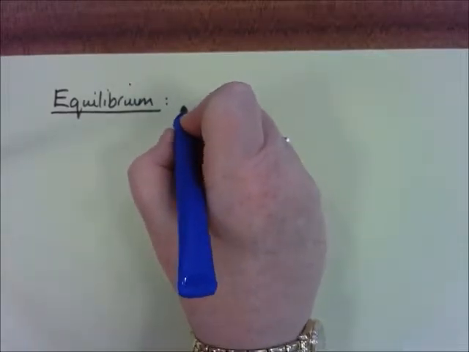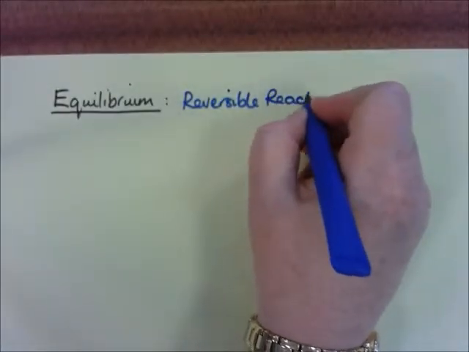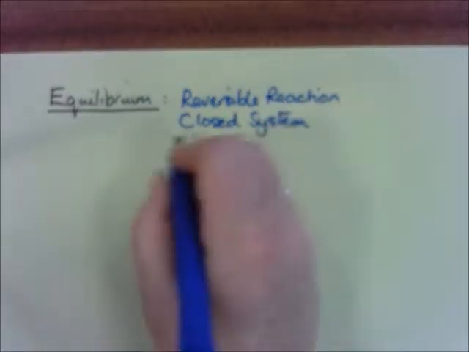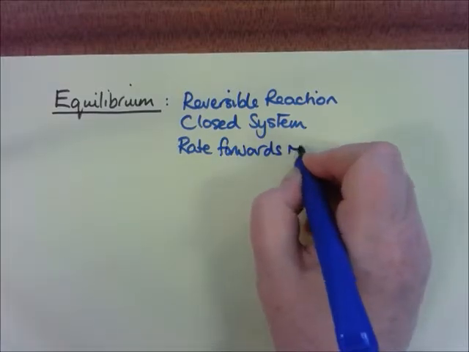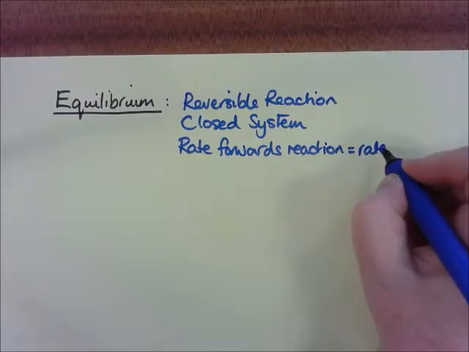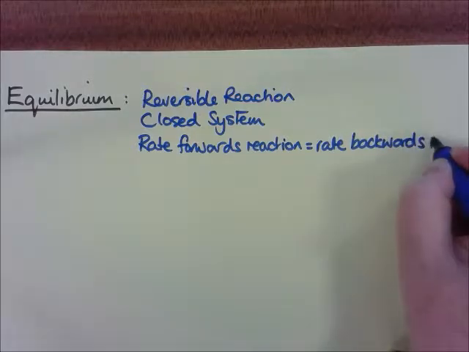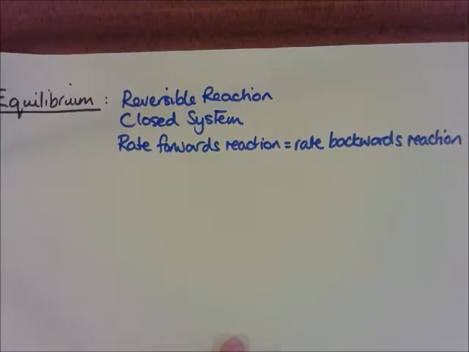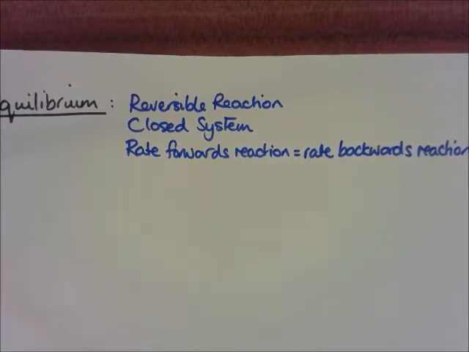So the definition of an equilibrium is a reversible reaction that happens in a closed system, and the rate of the forwards reaction is equal to the rate of the backwards reaction.